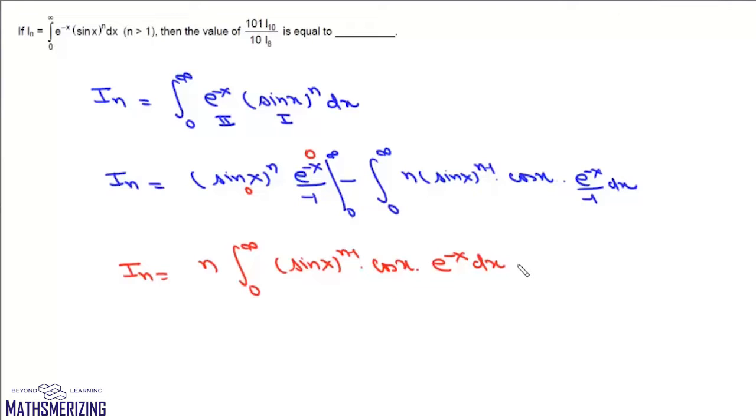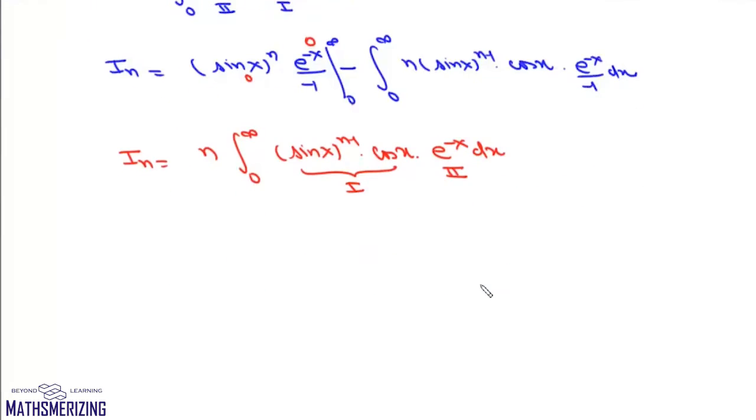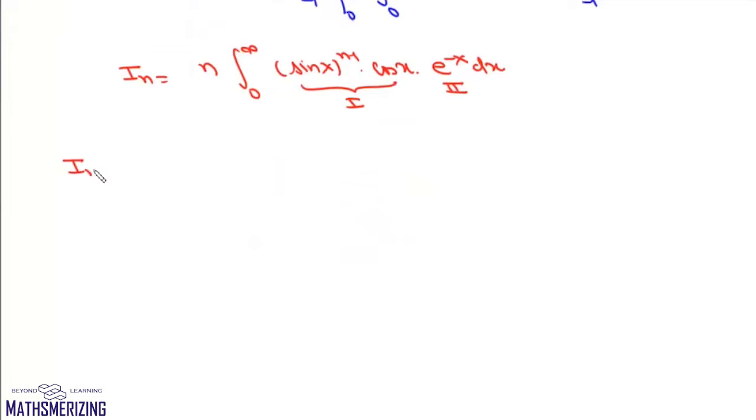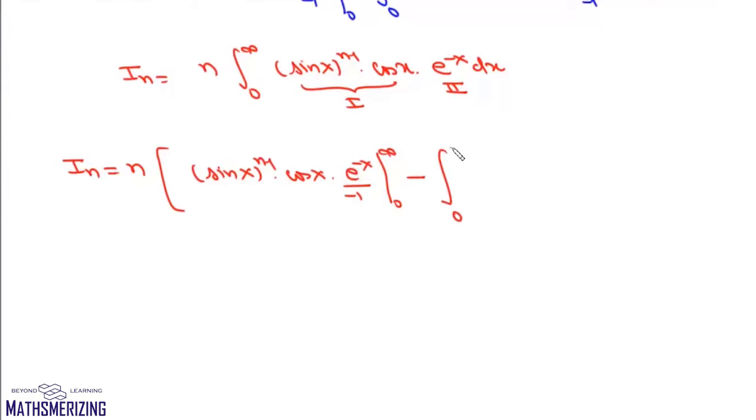Now what we'll do is, we'll use by parts again, taking this as first function and e to the power minus x as second function. So now we can write I_n equals n into, now first function as it is, so it will be sin x to the power n minus 1 into cos x, and then e to the power minus x upon minus 1 from 0 to infinity, and minus this integral from 0 to infinity.